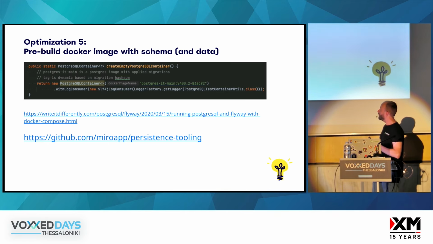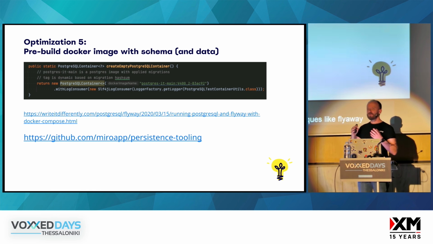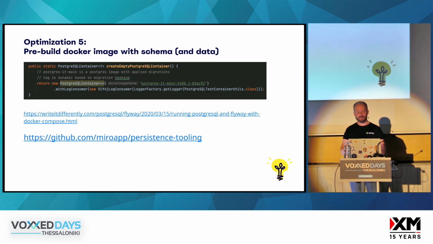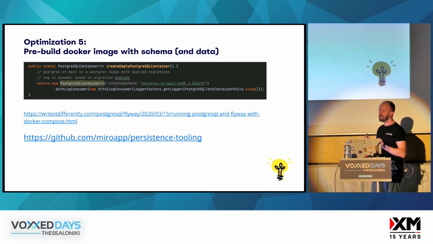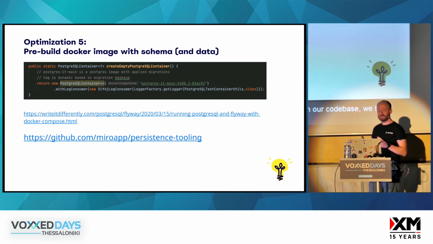Also, if you use techniques like Flyway migrations on a big scale, it could make sense, instead of applying all those migrations on each test scenario, which can take a lot of time. For example, in our code base, we have around 600 Flyway migrations, and it takes about 20 seconds, which increases the build time a lot.